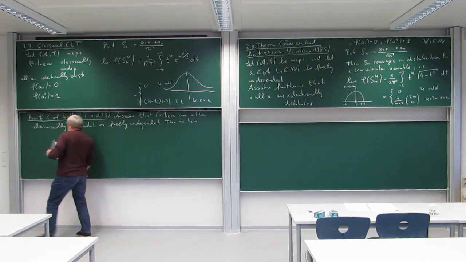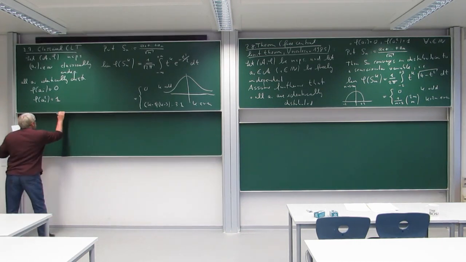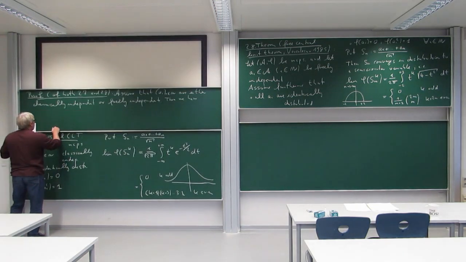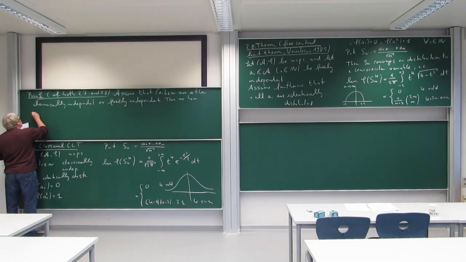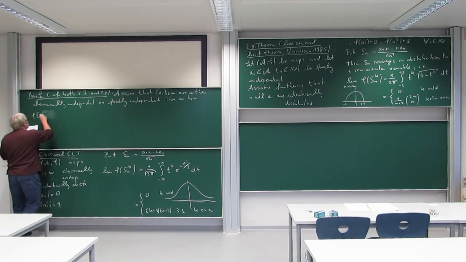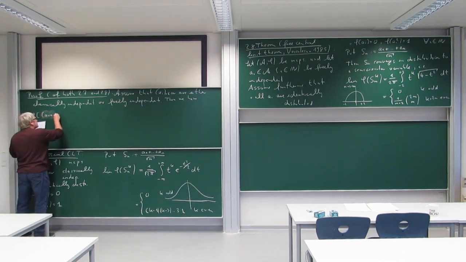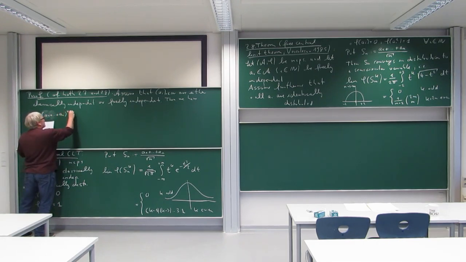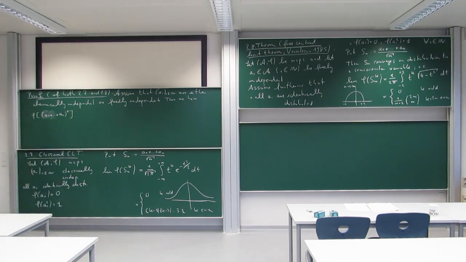So let me first look at phi of the kth power, not of S_n, because S_n contains the normalization. So let me just take (a_1 + ... + a_n) to the power k. That's the quantity which we have to understand, at least in the limit as n goes to infinity.